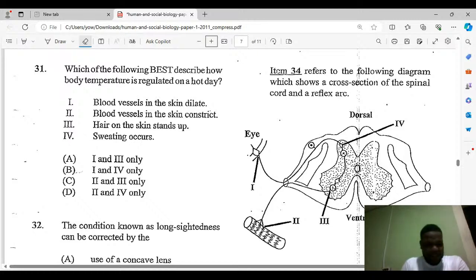Somebody explain why B. Why B though? So I'm seeing 4 B's. Why B?